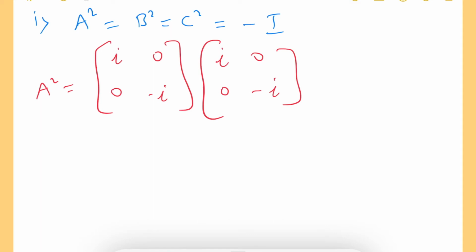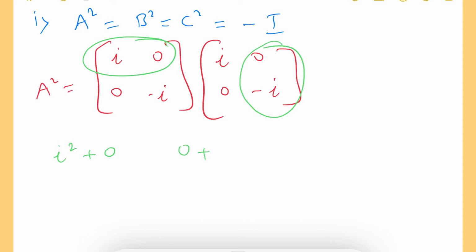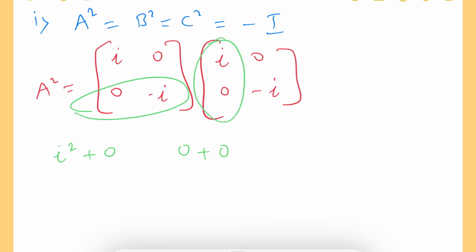Okay, now first row multiply with first column, so it will come I into I, I square, plus 0 into 0, 0. Next, first row multiply with the second column: I into 0 plus 0 into minus I. Now first row completed. Let's move to the second row. Second row into first column: 0 into I plus minus I into 0.